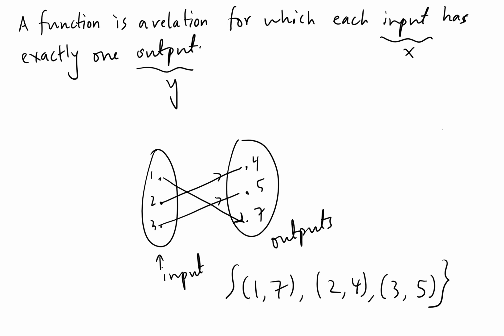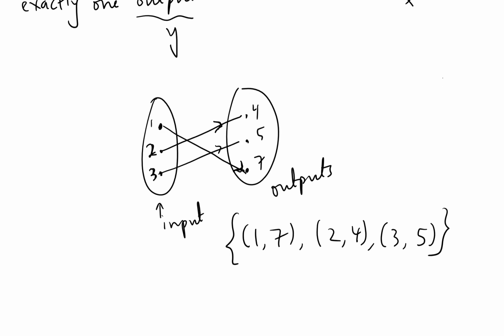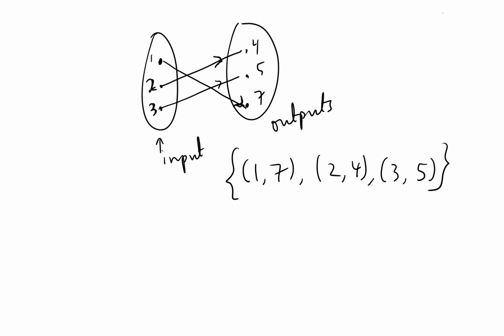These are the inputs, and these are the outputs. If I close that with braces, that gives you the relation, which is a function, because for the input 1, the output is only 7. For the input 2, the output is 4. The input 3, the output is 5. So for every input, there is exactly one output.